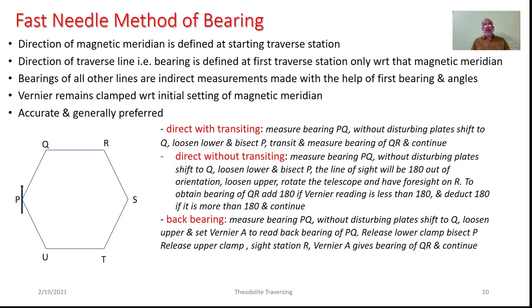So here we can have the bearing of QR measured. In the same manner, we'll move to R. We'll have the backsight on the station Q by loosening the lower plate. We'll have the telescope transited and we'll continue the way we performed at station Q.